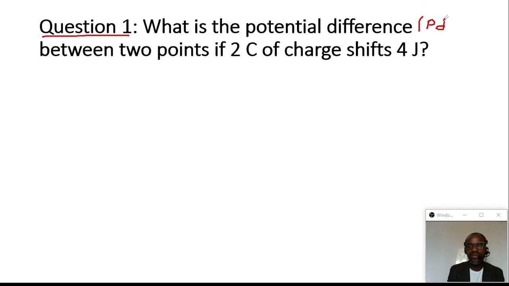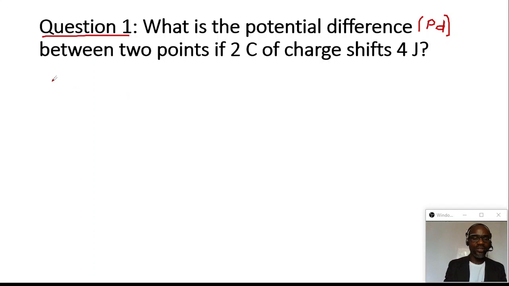What is the potential difference between 2 points if 2 coulombs of charge shifts 4 joules? That's what we're trying to say.